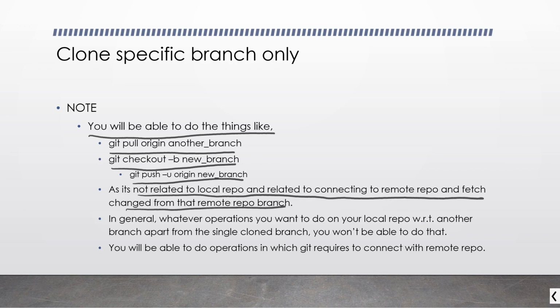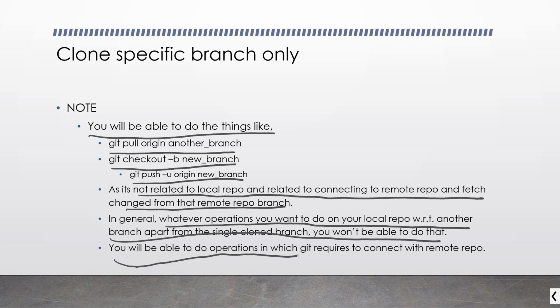So in general, if an operation is related to your local repository with respect to another branch, you won't be able to do it. And if it is related to connecting to the remote repository and doing some operation, then definitely you will be able to do that.